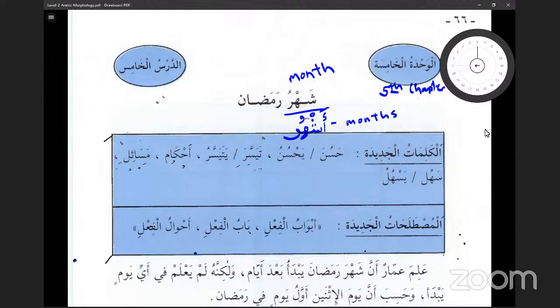Karuma yakrumu, and it would be under the fa'ula yaf'ulu wazn. Jazakallah khair. So hasuna yahsunu. The meaning of hasuna yahsunu was, yani, when something is good.